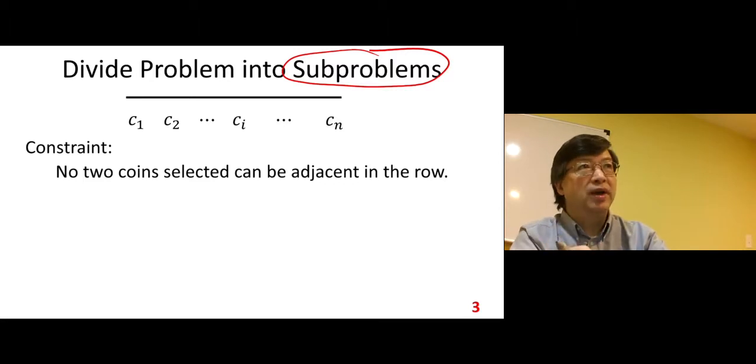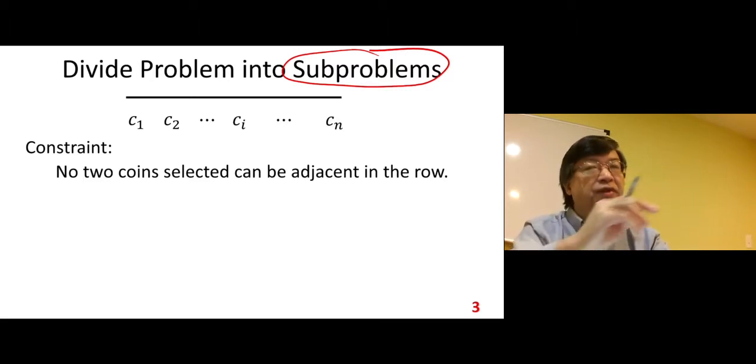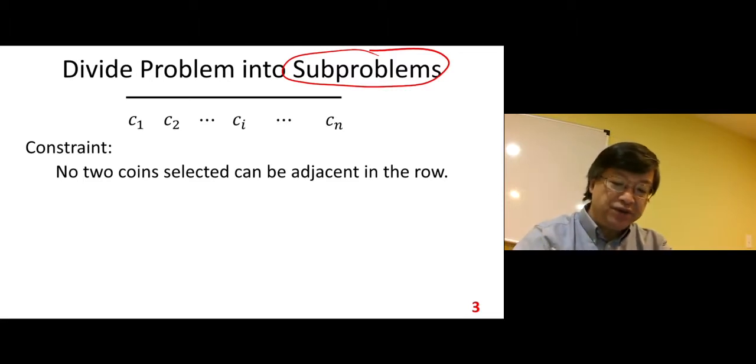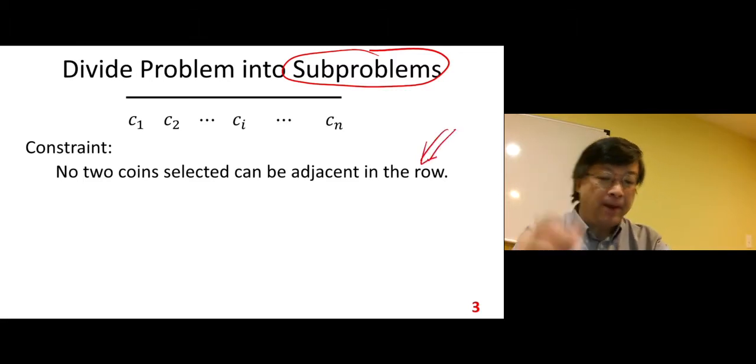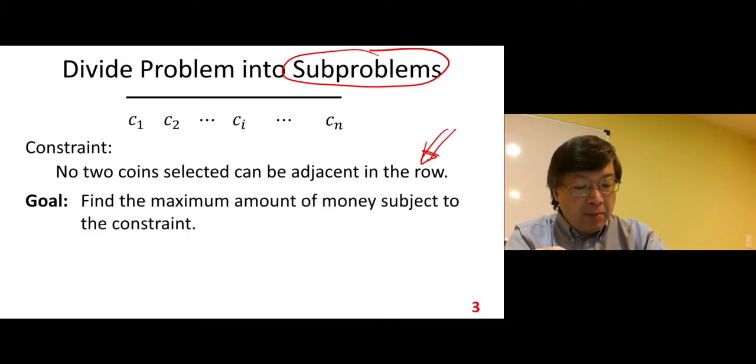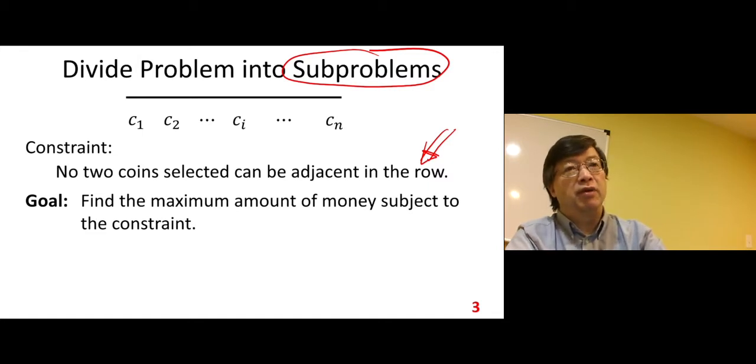How do we enforce this constraint? When we consider our subproblems, we need to use this constraint. The goal is to find the maximum amount of money subject to the constraint.